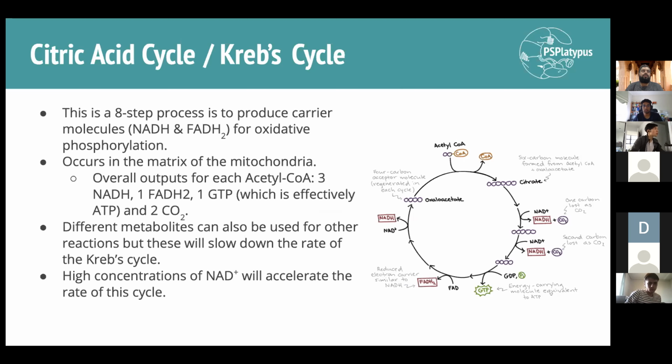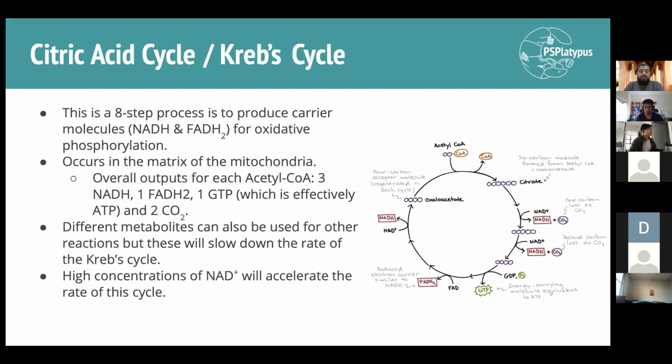There are also other pathways, but this is the only pathway if we need energy. So this is an 8-step process to produce carrier molecules, NADH and FADH2. So the main purpose of the citric acid cycle is to produce electron carrier molecules, because we will need them in the next stage, which is oxidative phosphorylation.